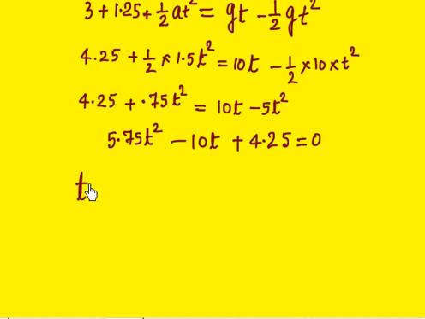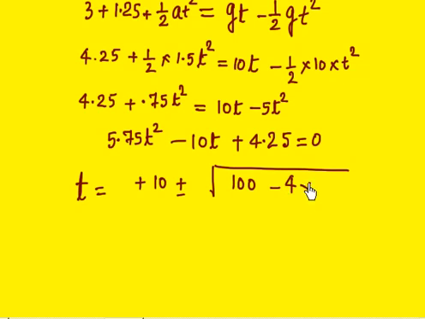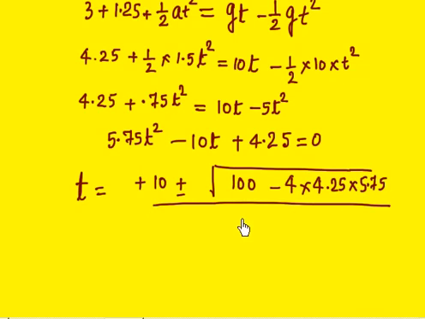So t is equal to minus b, that is plus 10, plus minus root of b square, that is 100, minus 4ac, that is 4 into 4.25 into 5.75, divided by 2a, so 2 into 5.75.